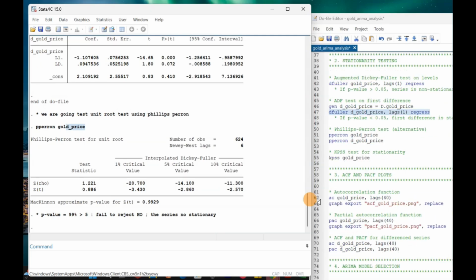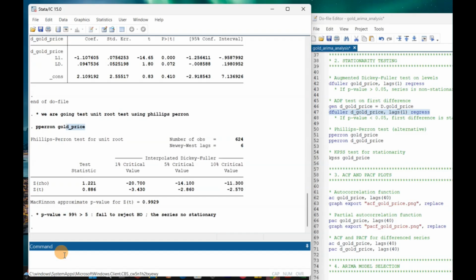Can we run the partial autocorrelation? Why do we need to run the partial autocorrelation? We want to see the derivative of our error term, the change in our autocorrelation, how it will be looking like. So it will be PAC.